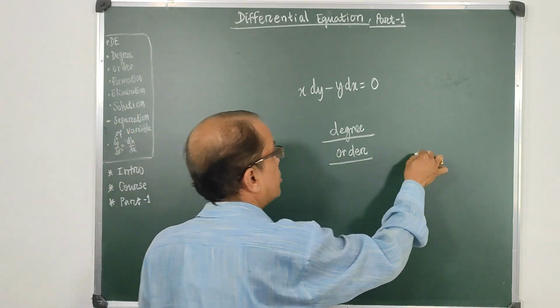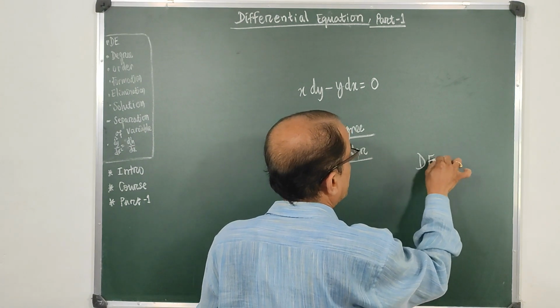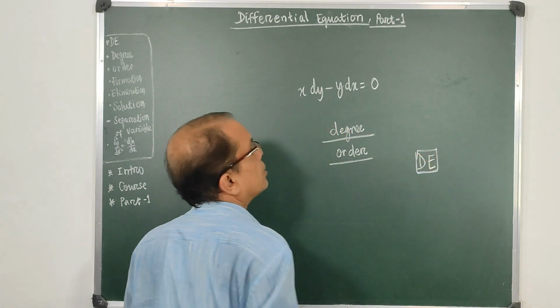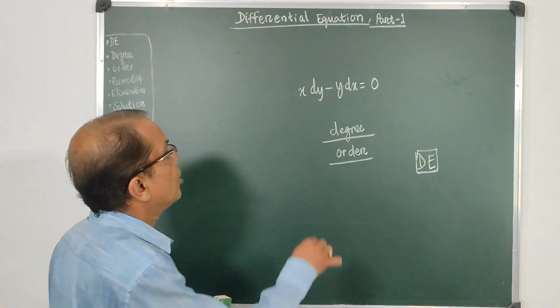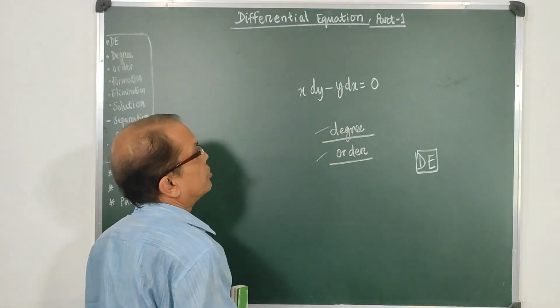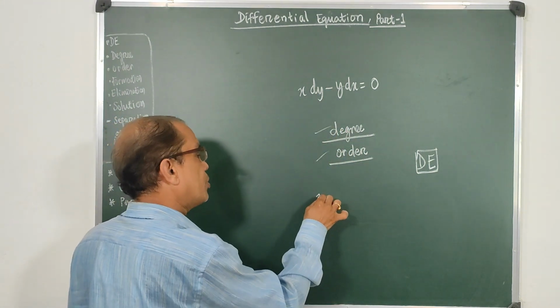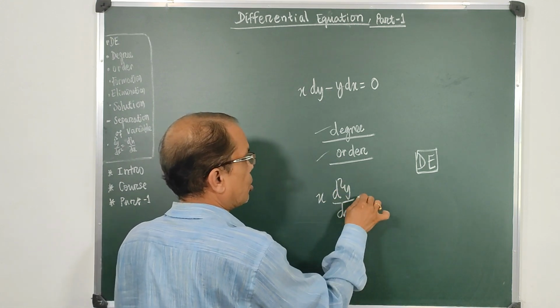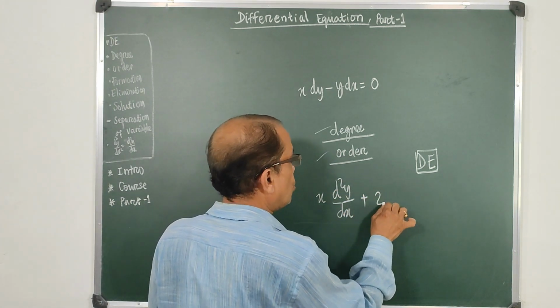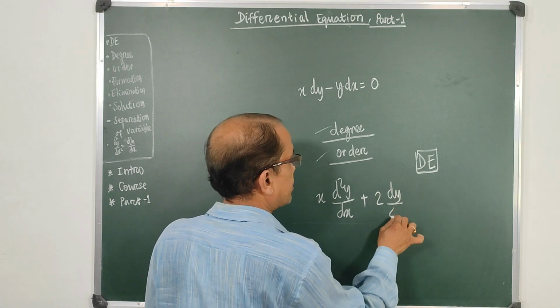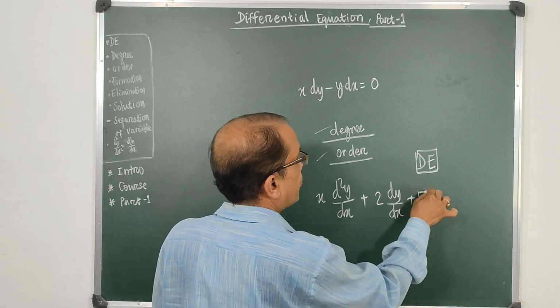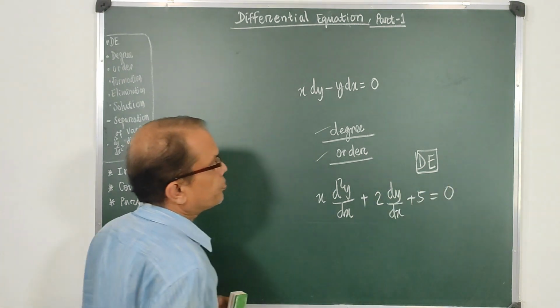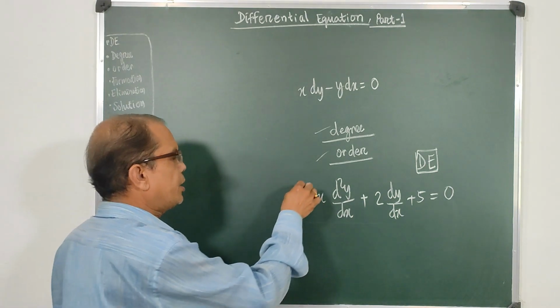A differential equation, or in short DE, has a degree and an order. When you have x d²y/dx² plus 2 dy/dx plus 5 is equal to 0, then this must be a differential equation.